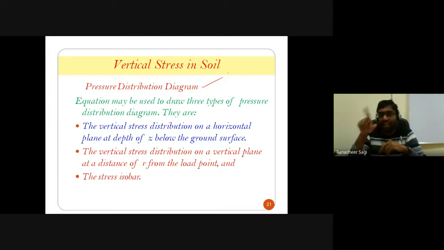That line, formed by joining the points corresponding to the same stress value developed in the soil, is called a contour. In surveying we might have learned that a contour is a line joining points of equal elevation. But here, what is called an isobar, I can also call a contour, referring to the line formed by joining points of the same stress values.